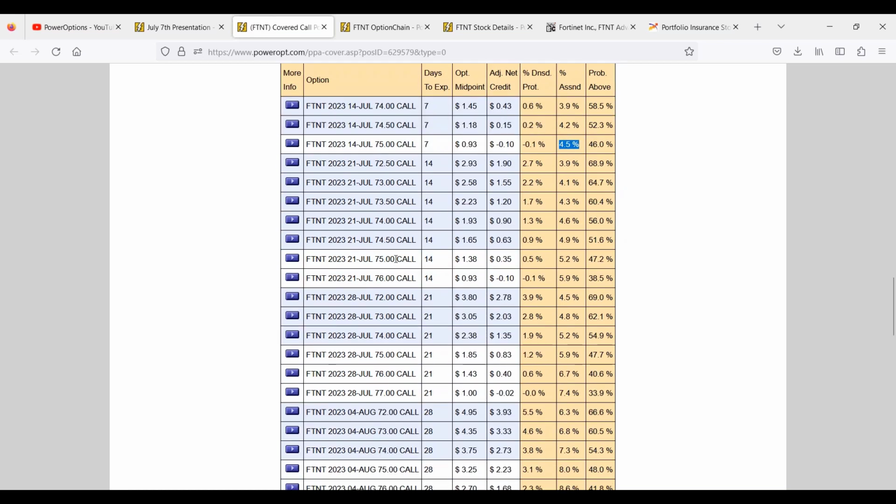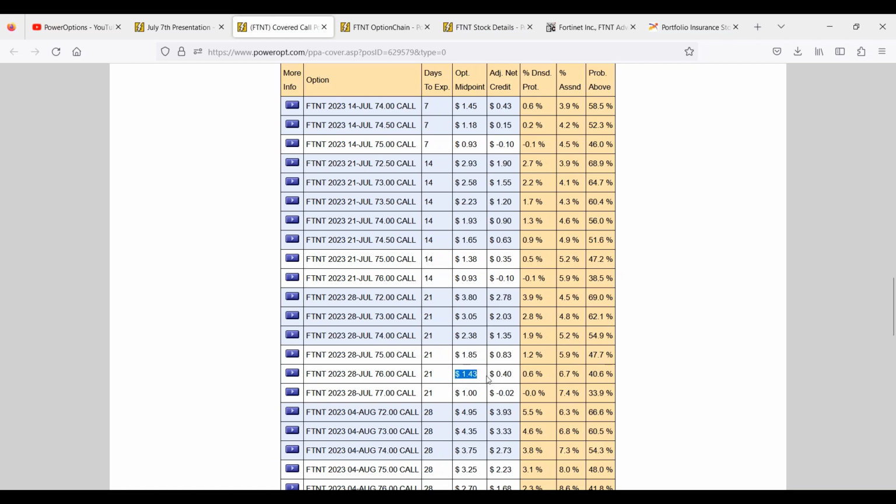But I can scroll down further and say, hey, if I want to roll for a credit, I can go here to the 75, call it 138, 35 cents of net credit. I can go 21 days out and get an 83-cent net credit, receiving a new adjusted premium of 185 for that new call, increasing the return to 5.9%.